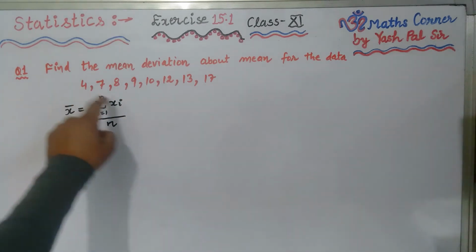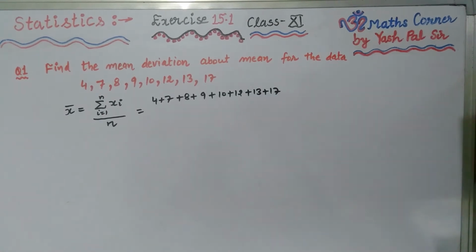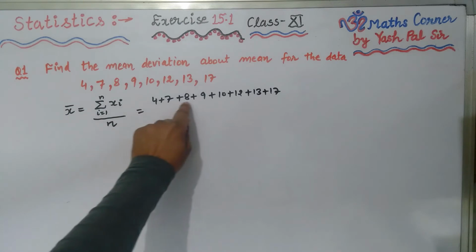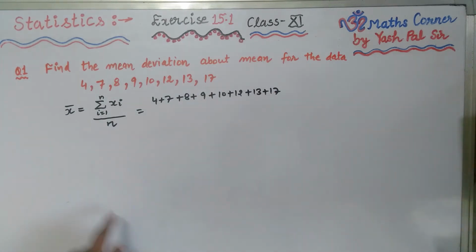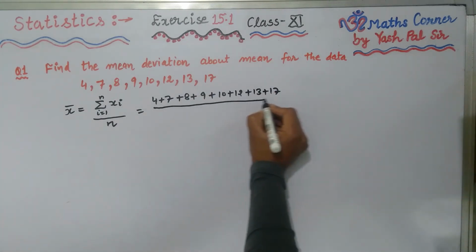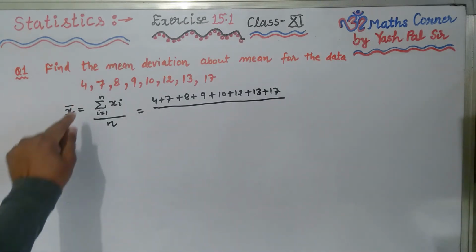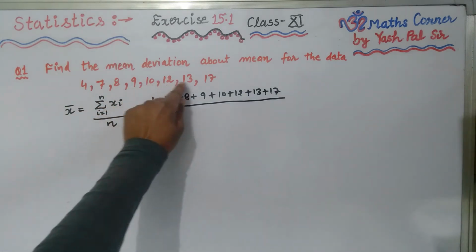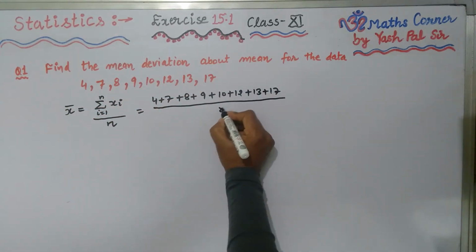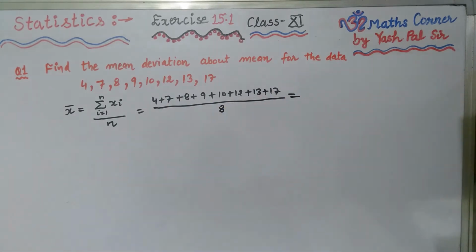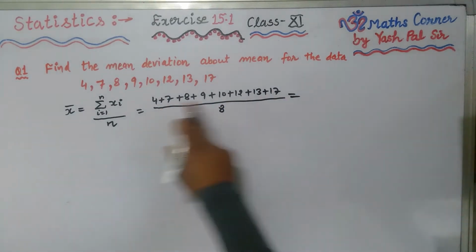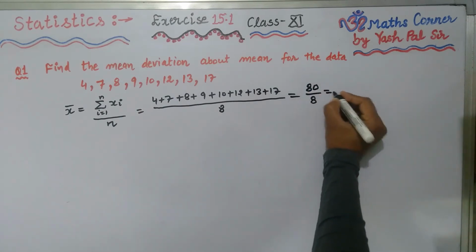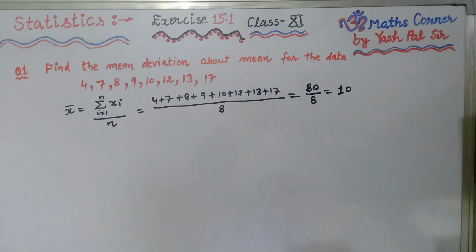We find the sum of all the observations: summation from i is equal to 1 to n xi, 4 plus 7 plus 8 plus up to 17, whole divided by n. What is n? The number of observations. How many observations are there? 1, 2, 3, 4, 5, 6, 7, 8. So we divide this by 8. Now what is the sum of these observations? Here the sum of observations is 80, divided by 8, so mean is equal to 10, right?